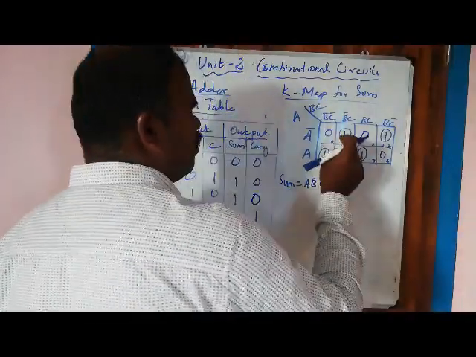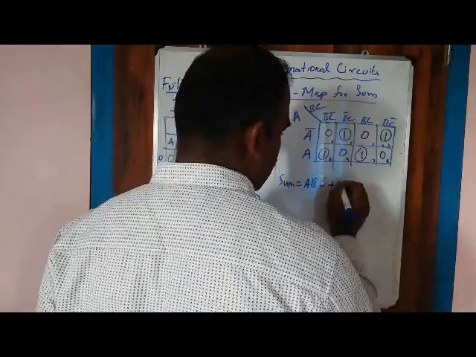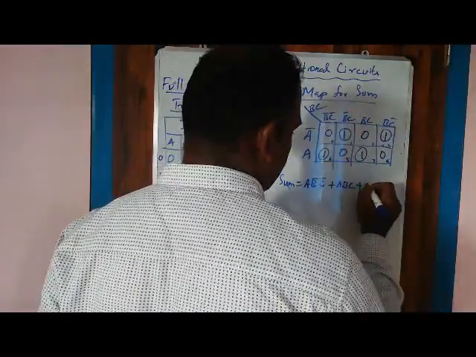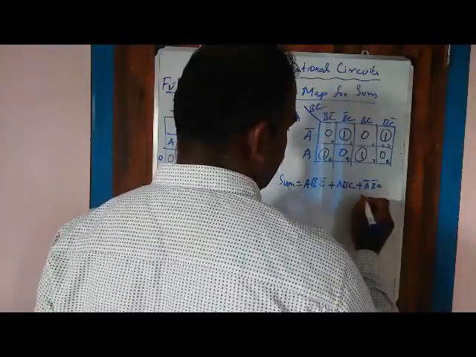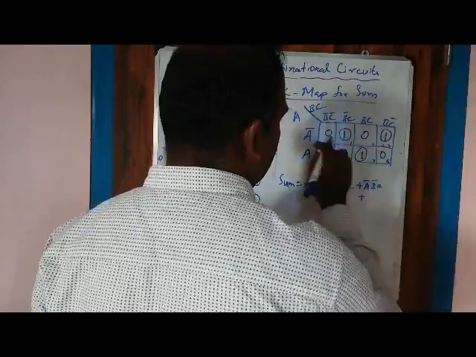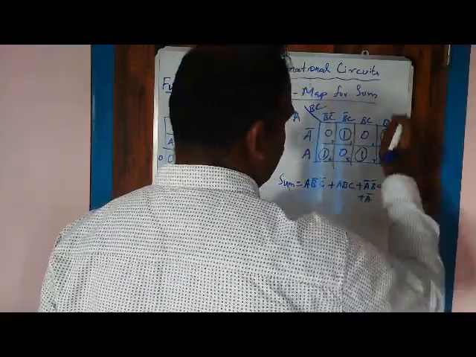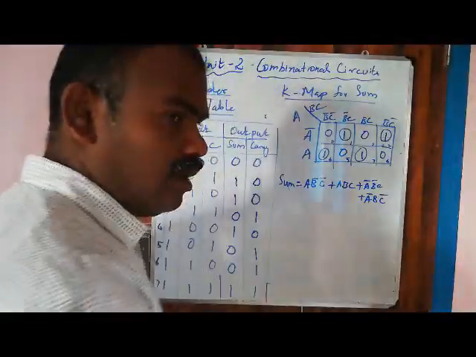Similarly this one, A, B, C. For this one A bar and corresponding column B bar C, plus this one A bar and corresponding column B C bar. This is the expression for sum.